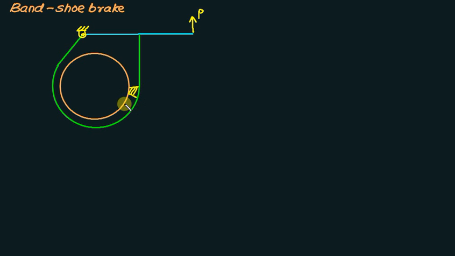So we have n number of band shoes. So this one is called the drum, this one is called the shoe, this one is a band. N represents the number of shoes.